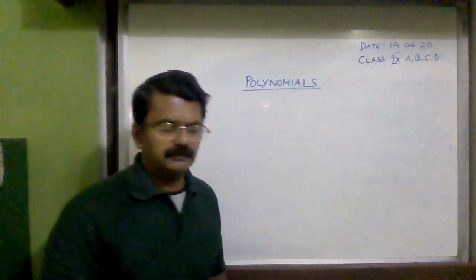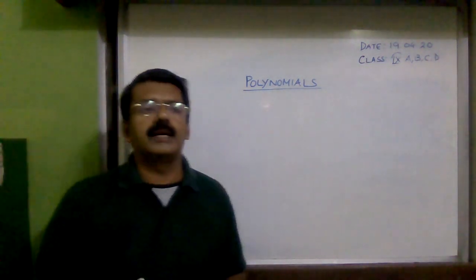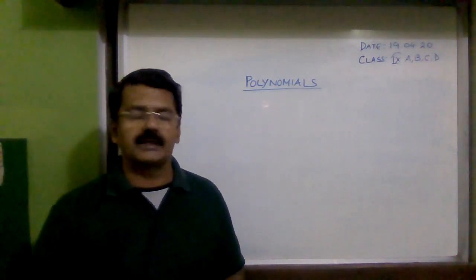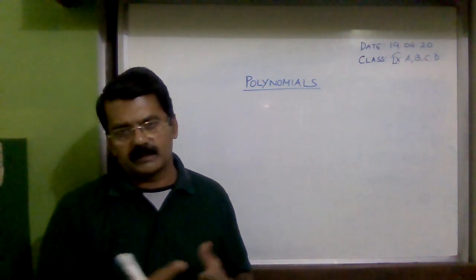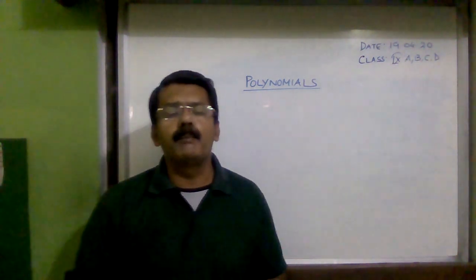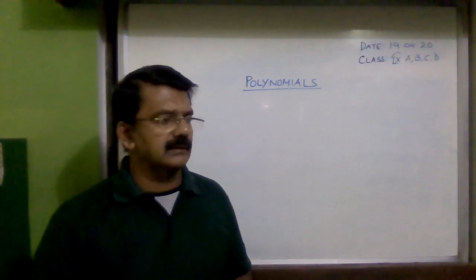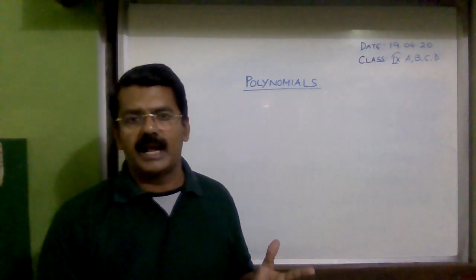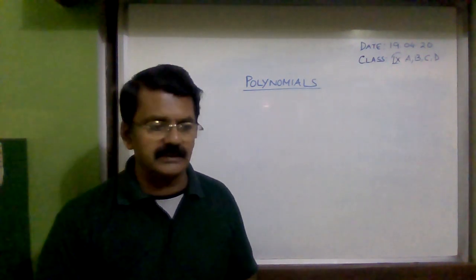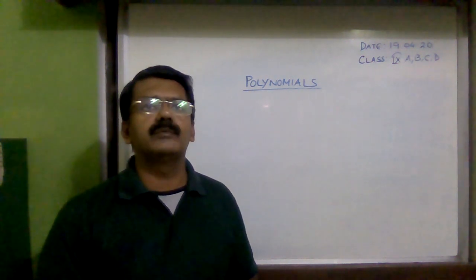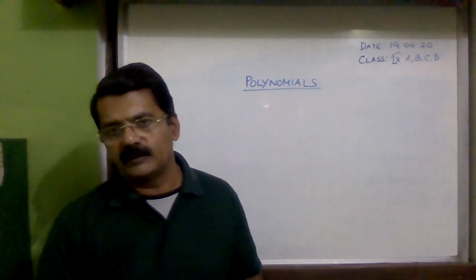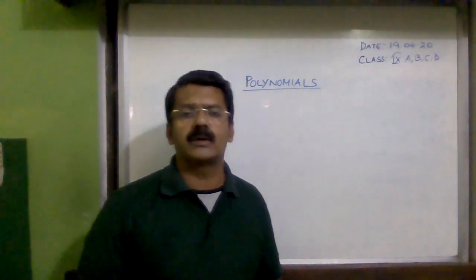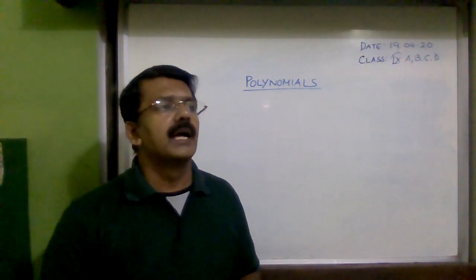Polynomials, you have already studied about algebraic expressions or their addition, subtraction, multiplication and all. So polynomials are nothing but algebraic expressions in which we have one or more terms and they are connected with either addition, subtraction or multiplication and so on.